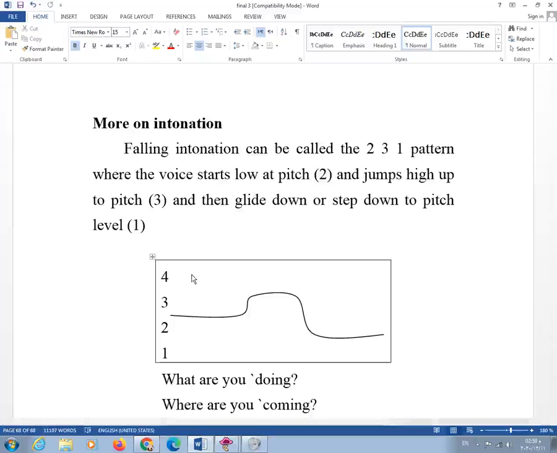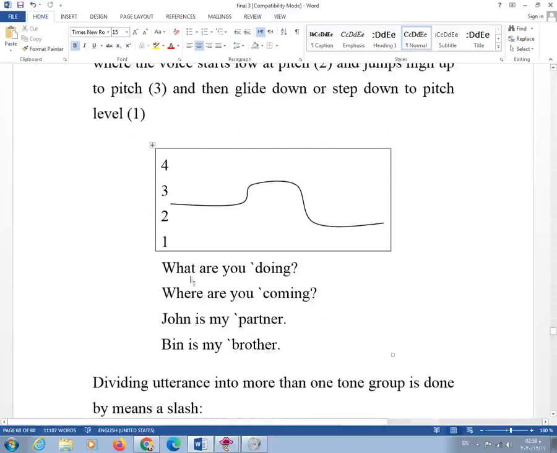So if you look at these sentences or these utterances, let's say, what are you doing? Doing is the focus word here. And the do here is a tonic syllable in the word doing.